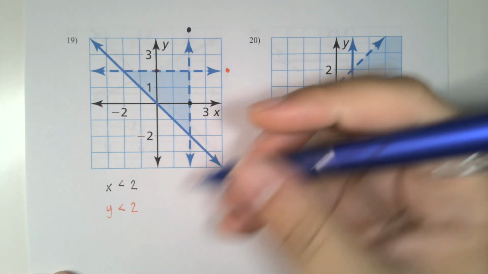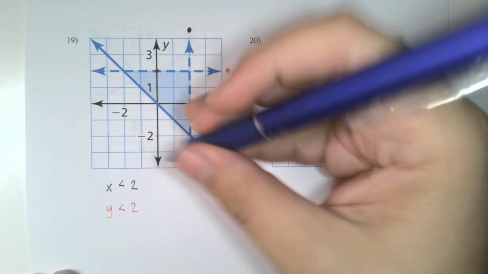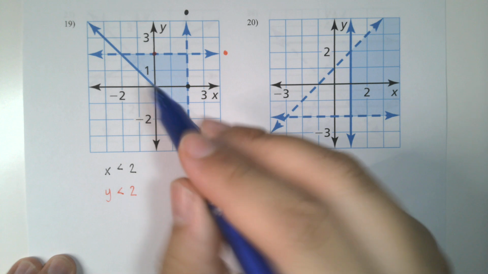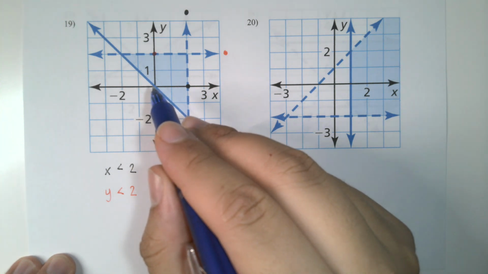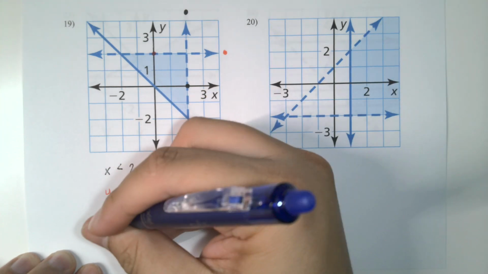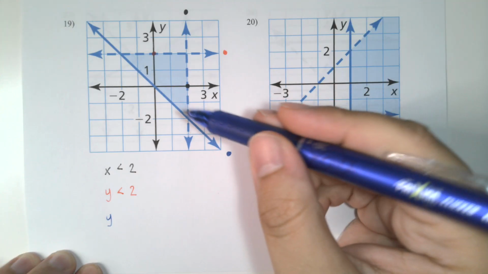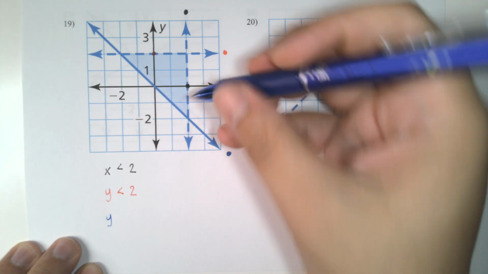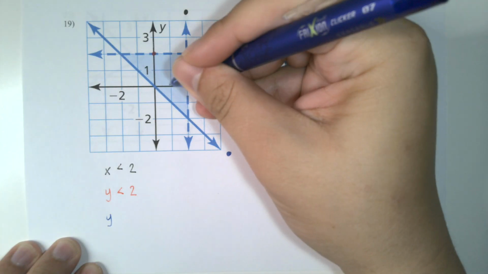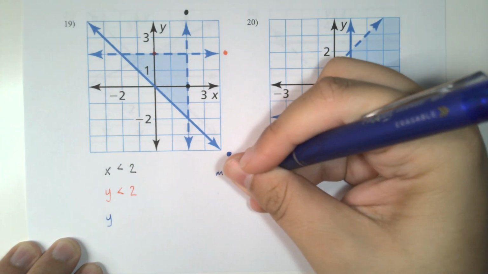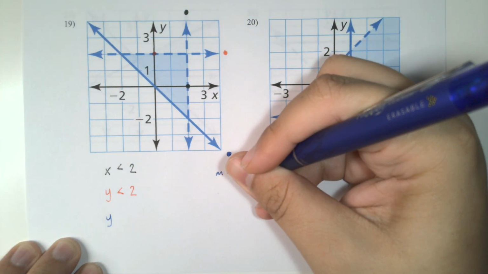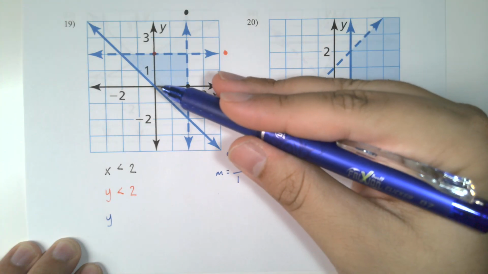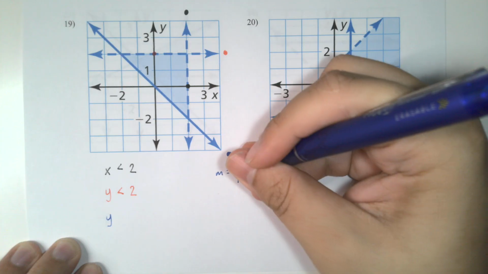The last part of this is we need this diagonal line. And so for the blue one, we're going to write y. It has a y-intercept of 0 and a slope of -1. Notice that we go over 1. So we have a run of 1, but a rise of -1. So we go right 1, down 1.